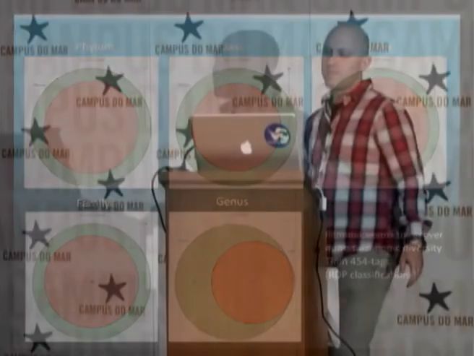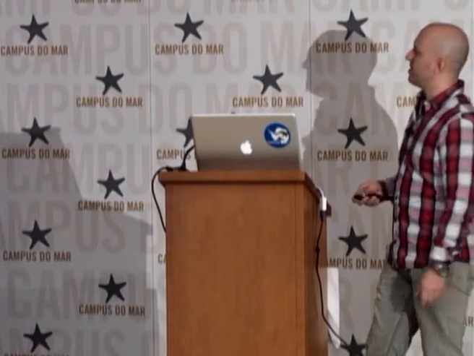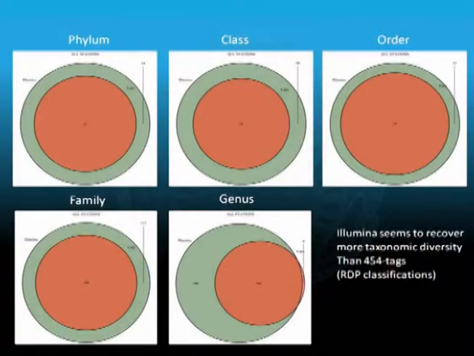Another interesting thing is that if you do a PCR, of course you will be using primers, and those primers won't pick up everything in your sample. They will probably pick up a lot, even if you use universal ones, but not everything. So we expected that from metagenomes we would recover a larger diversity, and this is more or less what we are seeing.